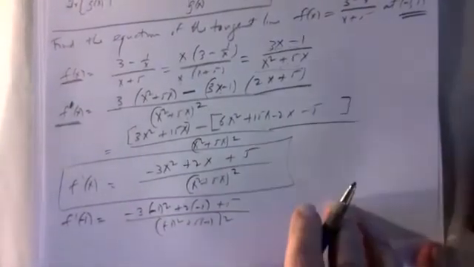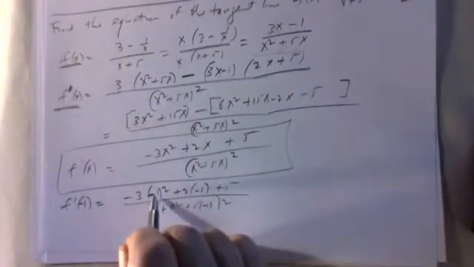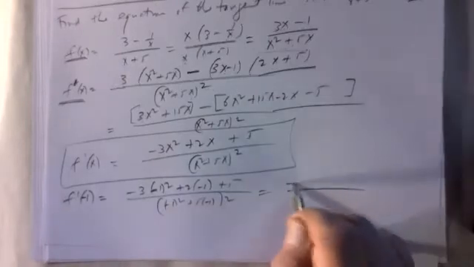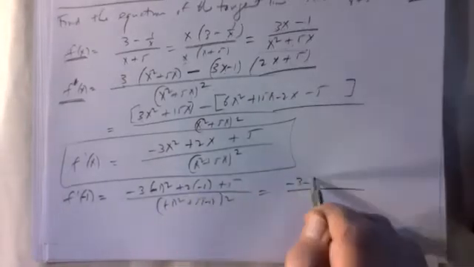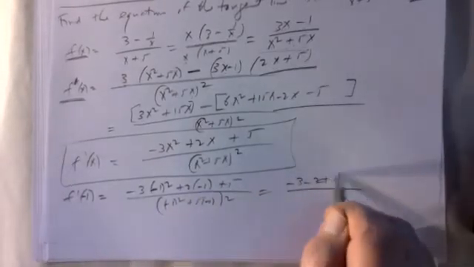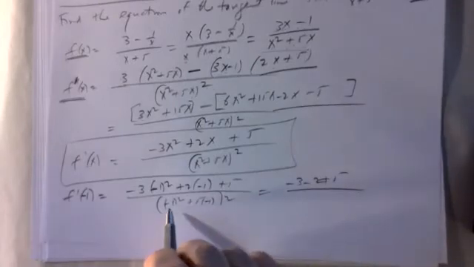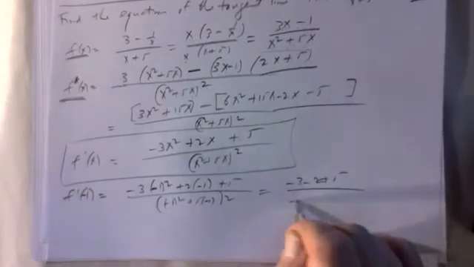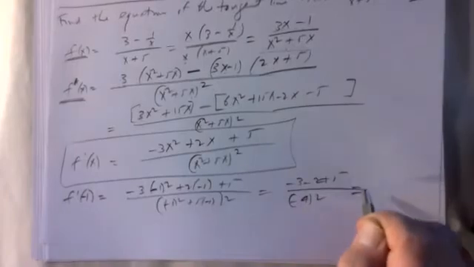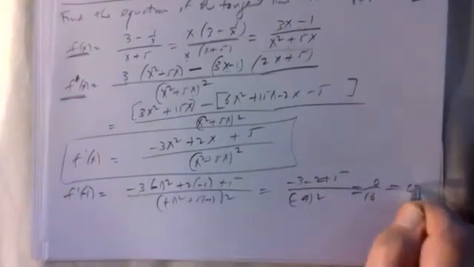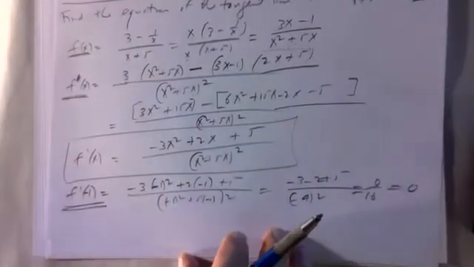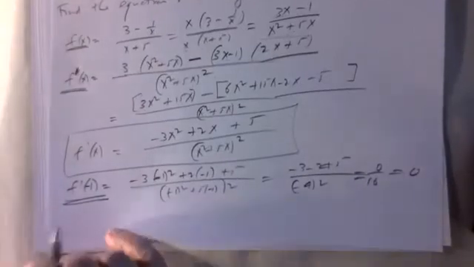I'm just putting down sort of more detail than I ever need. Minus 1 squared is plus 1. This is minus 3. 2 times minus 1 is minus 2. Plus 5. Here I have 1 minus 5, minus 4 squared. I get 0 over 16, which is 0. So the derivative at minus 1 is 0.